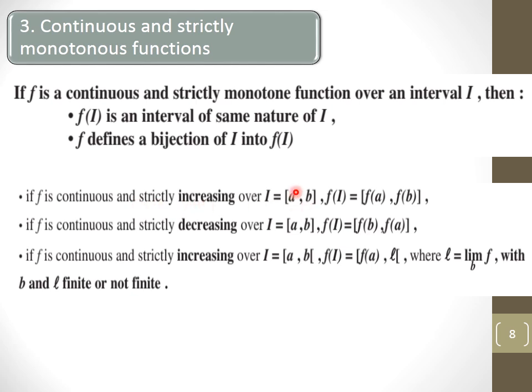But if the function is continuous and strictly decreasing over a, b, then we switch them. So we find f of b, then f of a. If f is continuous and strictly increasing, but the interval is not closed, so it's a, b, then the image is f of a, l, where l is the limit of f when x tends to b. So we find the limit at b, because it's open, it's not closed.